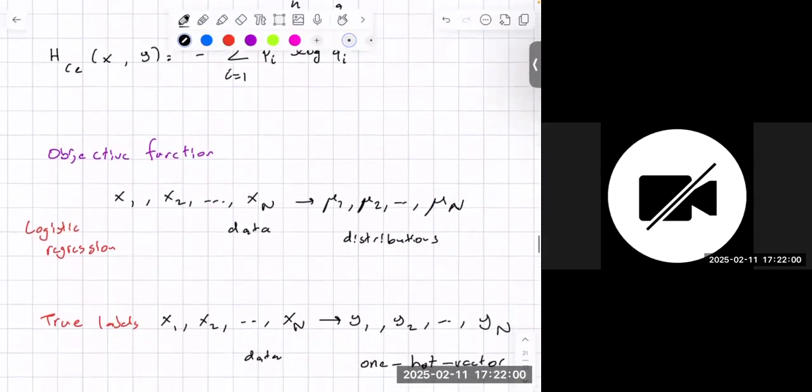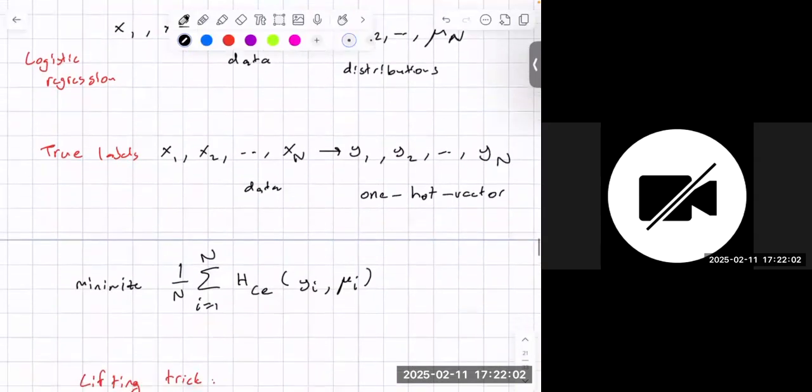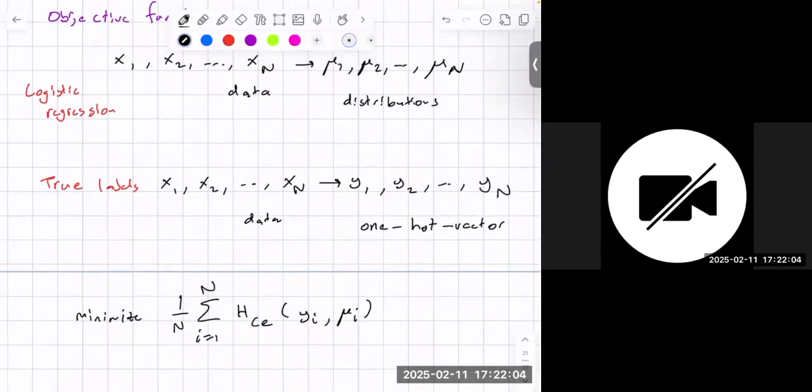And now my objective function is going to be minimizing the cross entropy so that the distribution that your logistic regression is creating is as similar as possible to the actual labels. If cross entropy is high, these two distributions are very different. That's how you should think about it. The small means they are closer to each other. That's like a distance notion, okay?